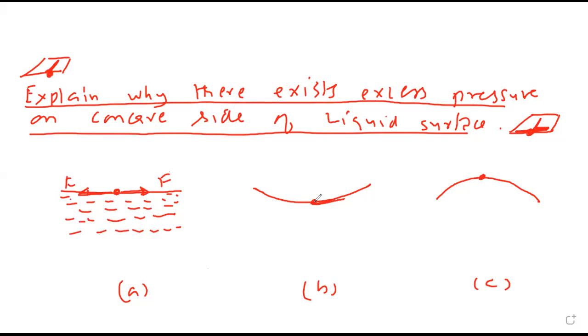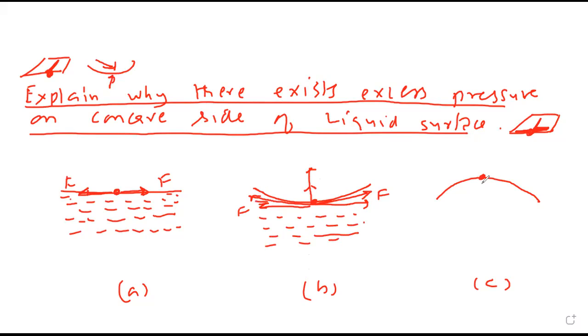But if I draw the force due to surface tension here, which is tangential, then it will have 2 components: vertical and horizontal. Horizontal will cancel. So where is the excess force? In the upward direction, on the concave side.